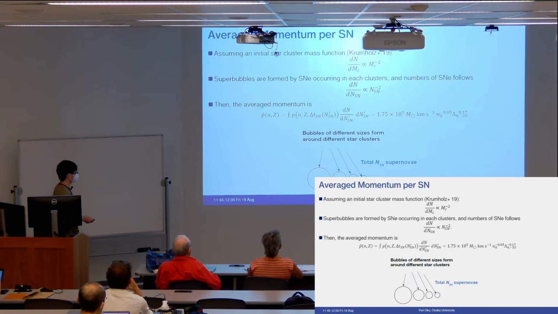So in reality, different sizes of star clusters form and different sizes of superbubbles will form. And the size of the star cluster follows the initial star cluster mass function. Assuming that each star cluster has the same initial mass function, then the number function of supernovae also has the same form.